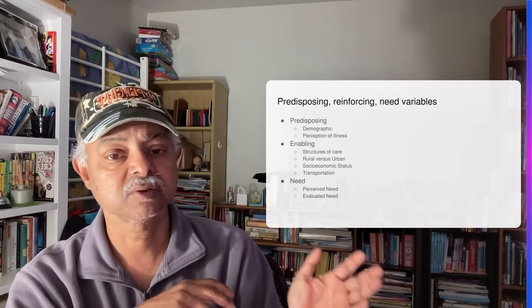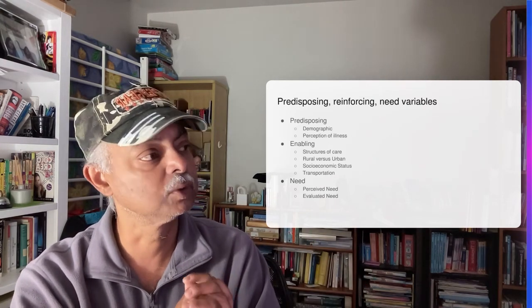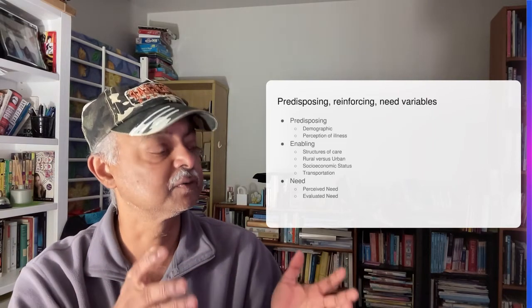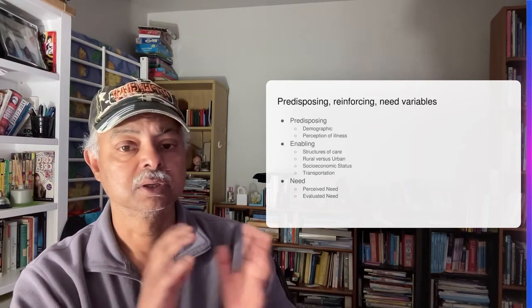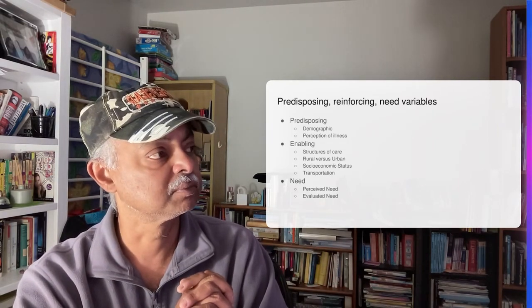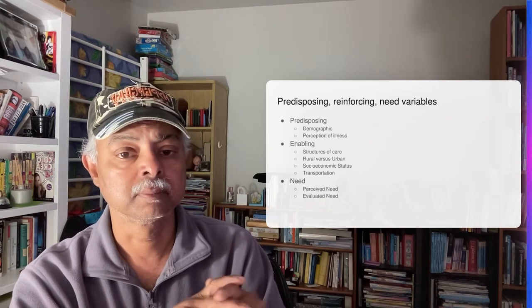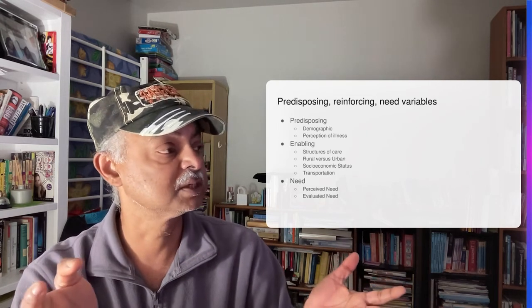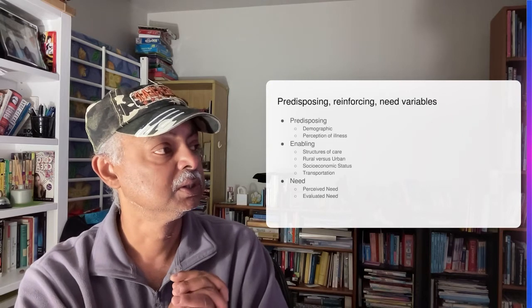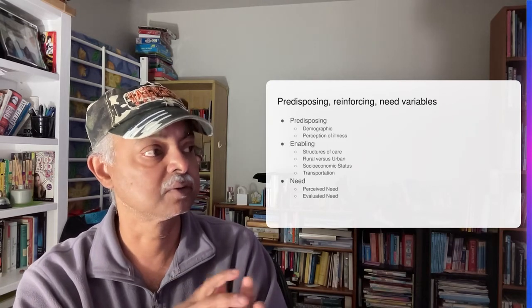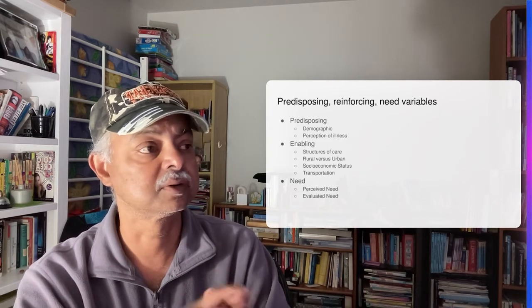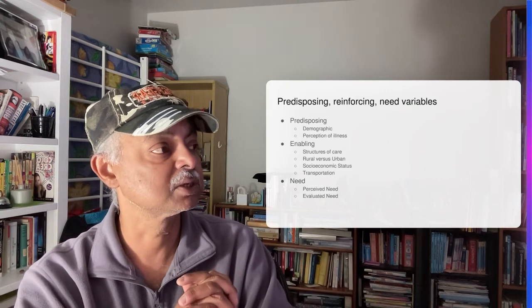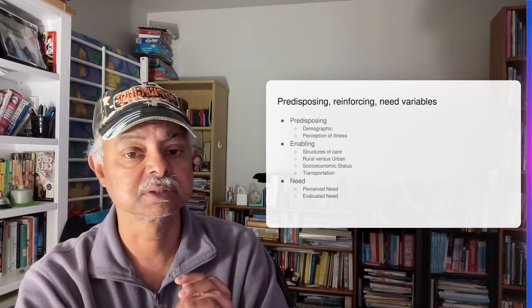So for example, the structure of care that we were talking about in the quality of care bit, presence of the hospitals, the doctors versus patients ratio, availability of transportation. Is there a parking lot? Is there a bus stop closest to the hospital, and so on and so forth.